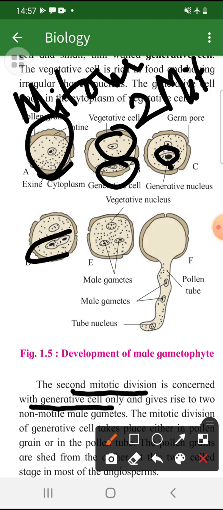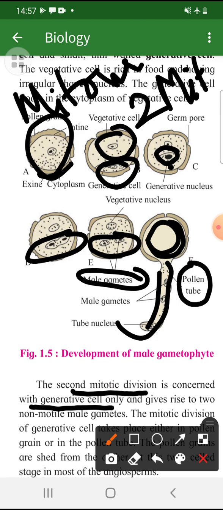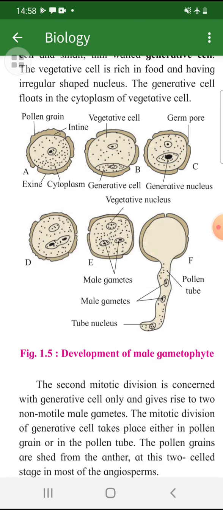This generative cell will divide itself into again two smaller cells called male gametes, which are going to move out of this exine and intine through the help of pollen tube into the female gametophyte for the fertilization purpose. Okay, so total बहुत common question.